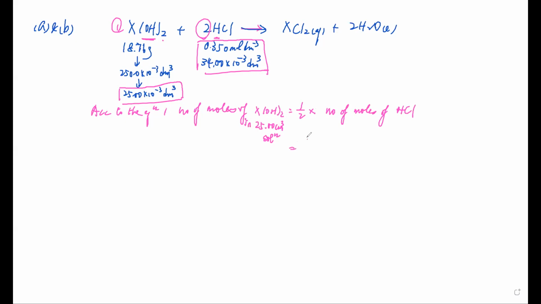So it is just half of the molarity of HCl times volume, which is equal to 0.350 molar times 34.0 times 10 to the power minus 3 dm cube, times a half, which is 0.0119 mole. So for A part, the answer is 0.0119 mole.